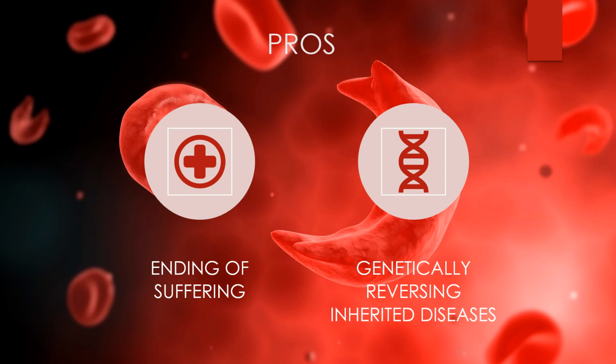In one example, as you can see on the screen, we have sickle cell disease. Sickle cell disease is a genetic disorder where the individual's blood cells form in abnormal shapes and they clog the capillaries. Sometimes they even cause organ damage and heart failure. By disposing of this genetic strand that codes for sickle cell disease and coding for the opposite, this causes the individual's pain to subside.